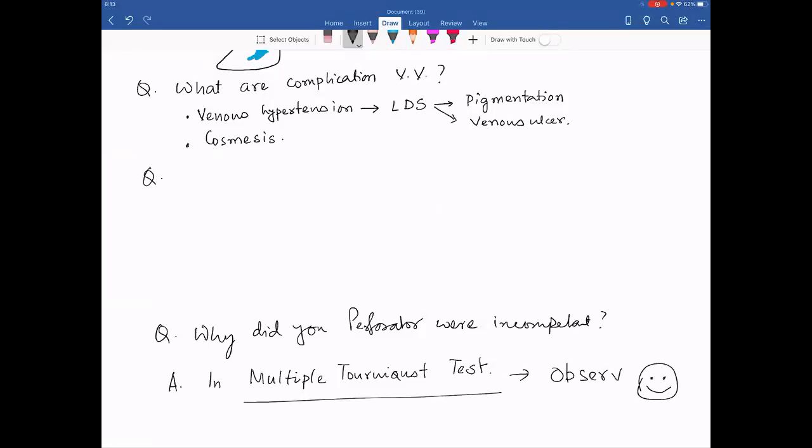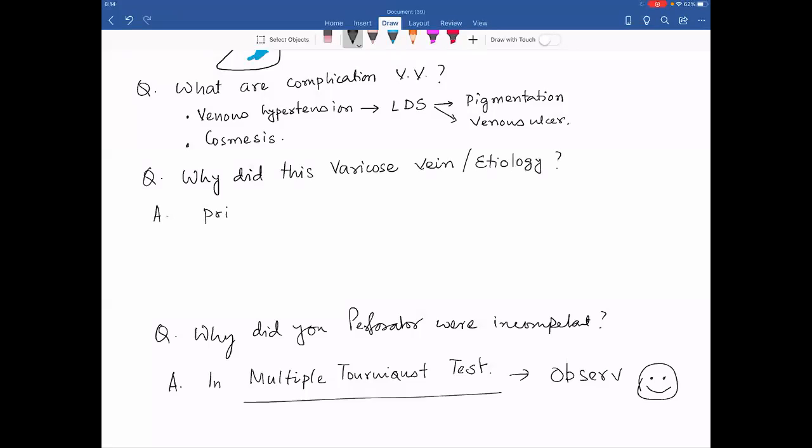Okay. Now, the next question is, why did this varicose vein develop? Now we are talking a little bit of theory. Or technically, the examiner wants to know what is the etiology of the varicose vein. The answer for this is one word.